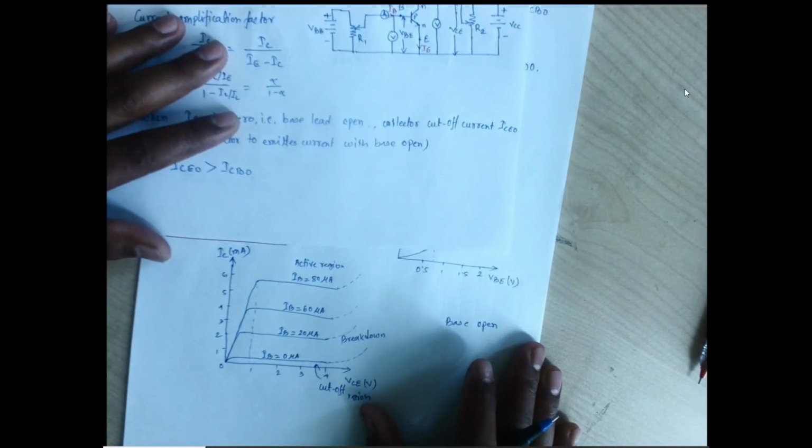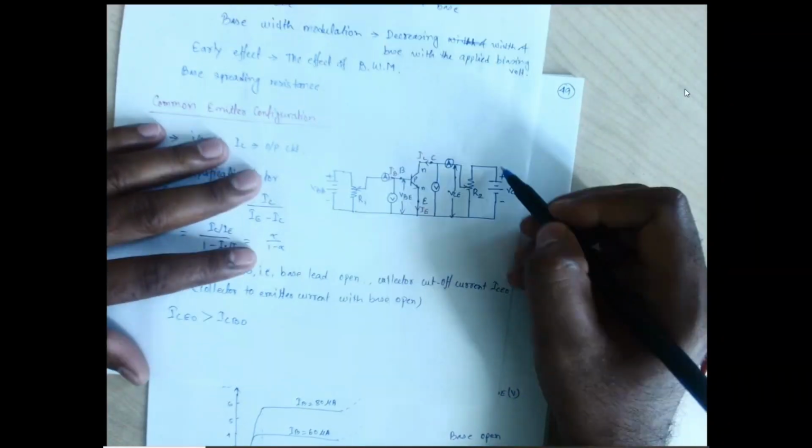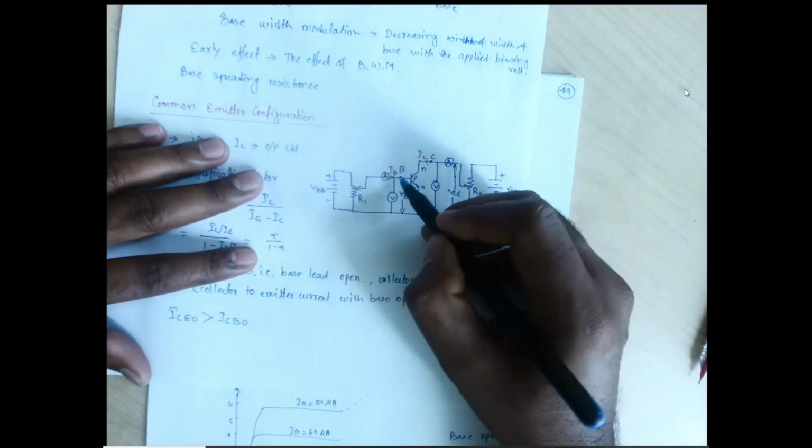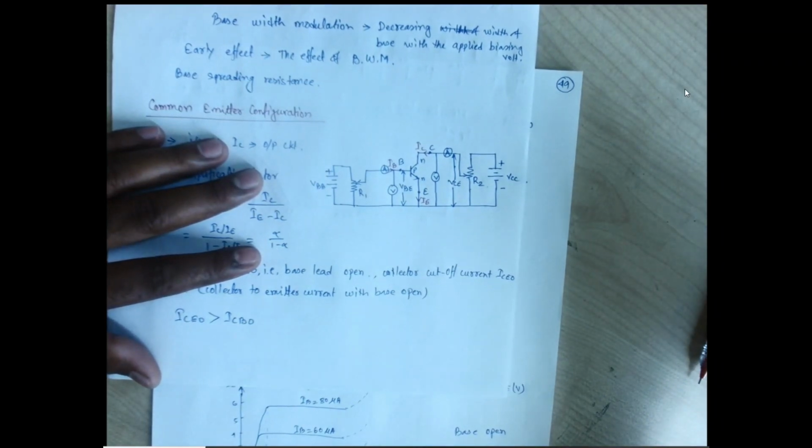Now, if we apply a very small amount of VCE, just try to understand what it means. VCE is less than VBE. It means the collector's positive potential is now less than the positive potential of the base. So we can say a forward bias is now applied across the collector base junction.